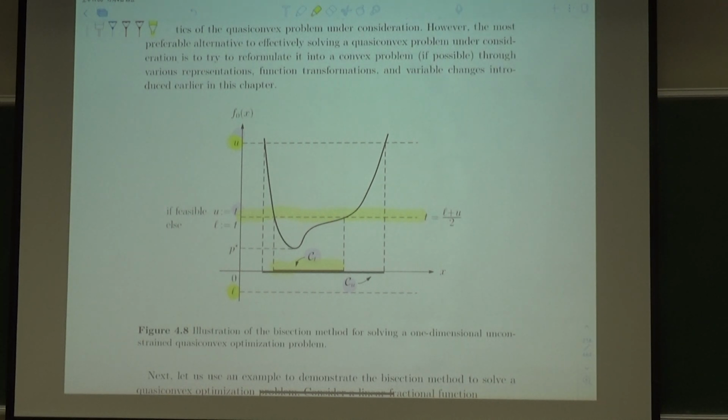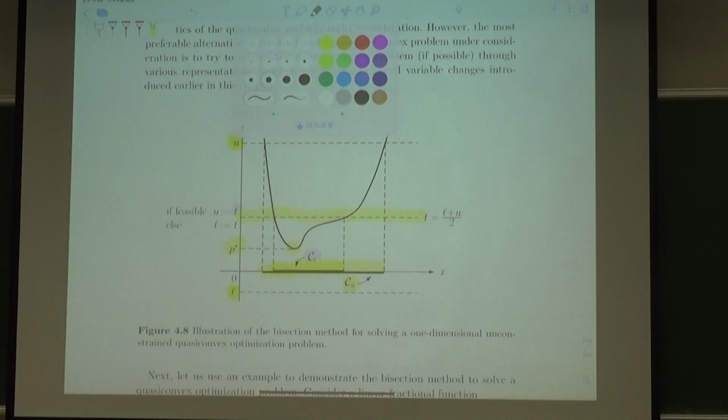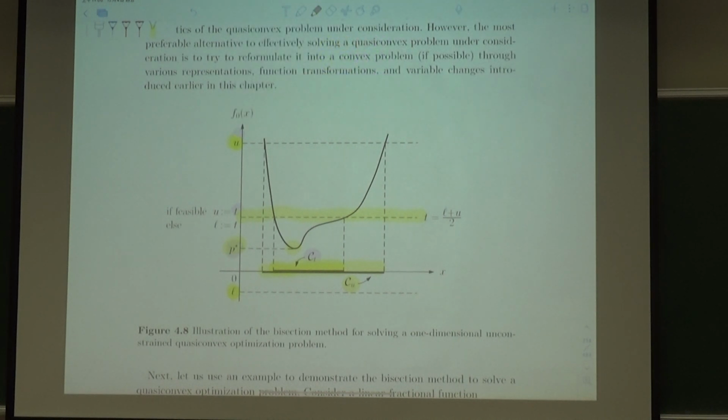Okay, then look at this. C_u represents the feasible set here, right? We want to find t, the optimal value. p star is the optimal value, here.